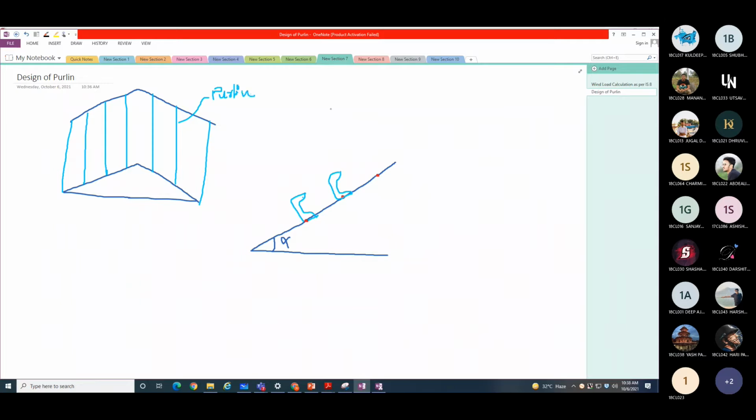Now three sections you can choose for the purlin. One is the angle section, unequal angle section, right? If the unequal angle section is not giving a safe design, then you can go with the channel section.